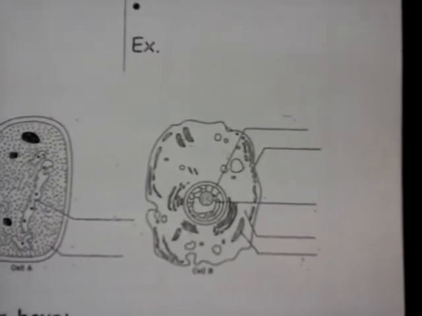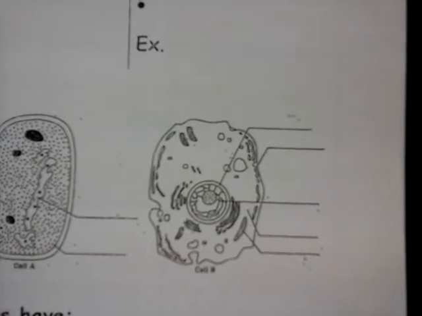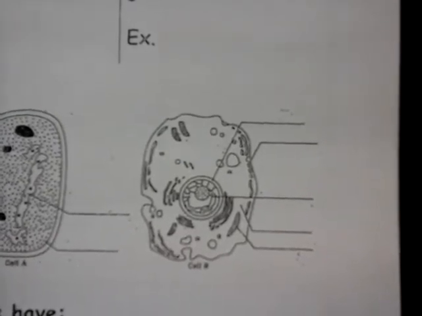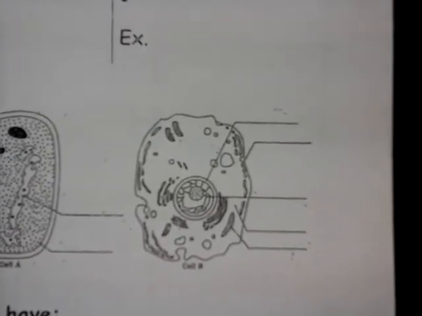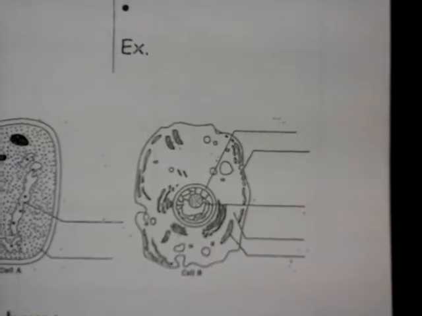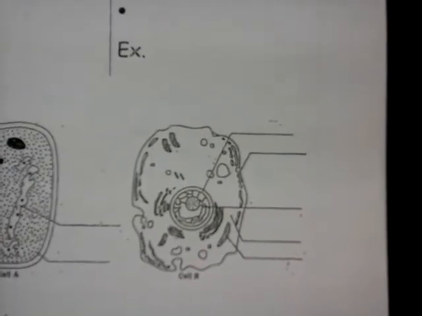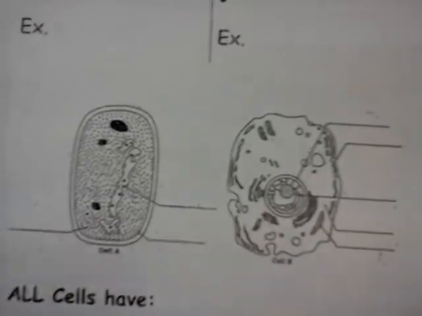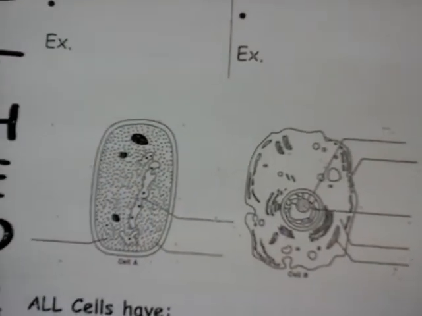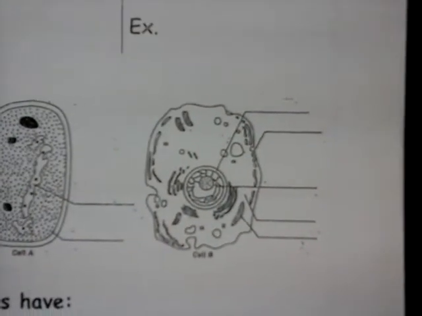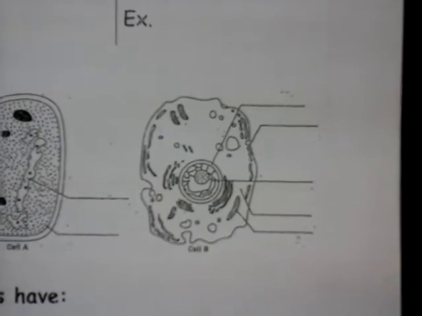Now, this is an animal cell. The first line there is representing the nucleus. The second line there is representing the cell membrane. This guy has a cell membrane too, just so you'll know. The third line there represents the DNA.